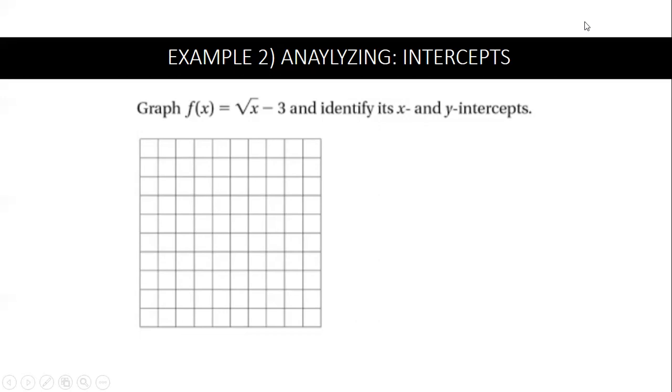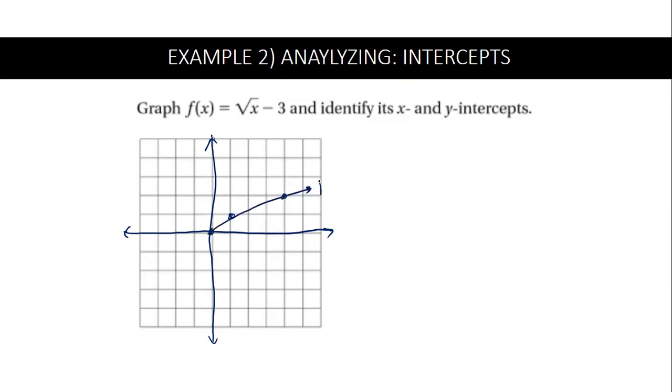All right, so here we have the graph, square root of x minus 3. Draw the straightest lines you've ever seen. And I'm going to put in my parent function real quick because it doesn't take that long.